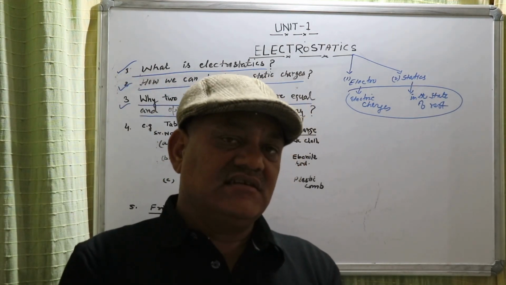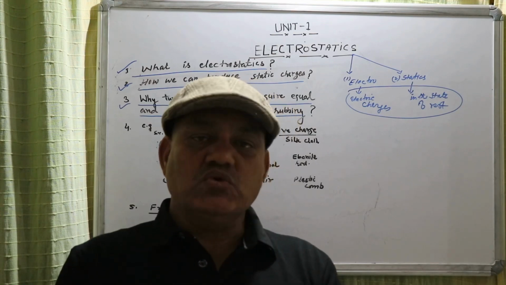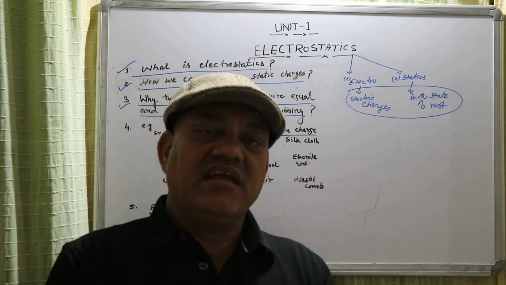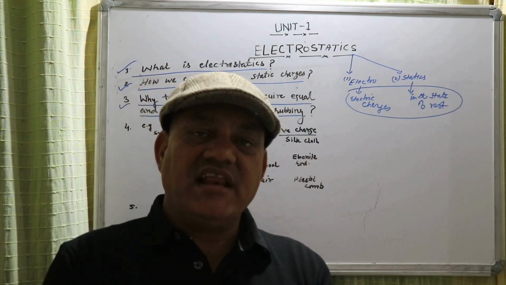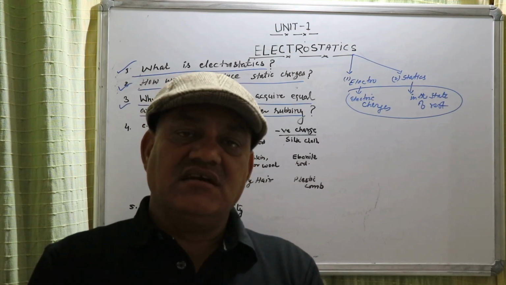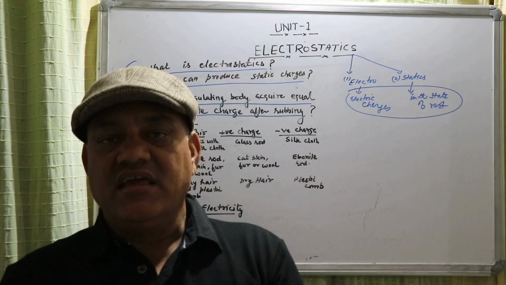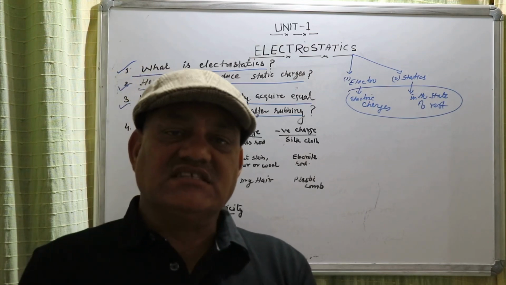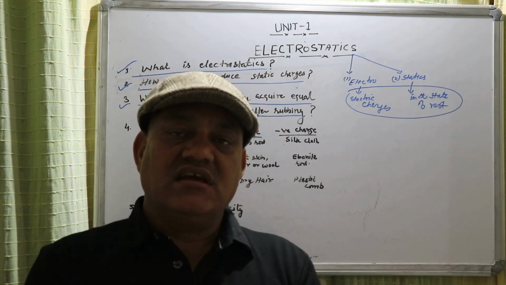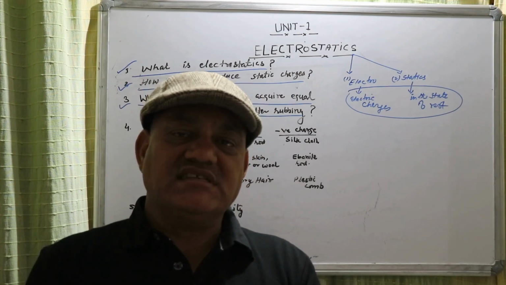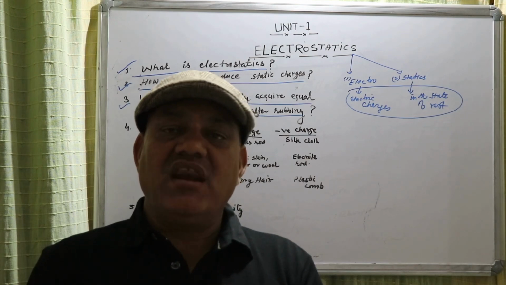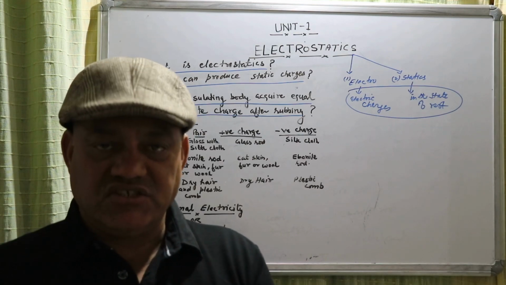And by using this heat energy, one of the bodies loses the electron and the other body gains the same number of electrons, and due to this reason both the bodies acquire equal and opposite charge.